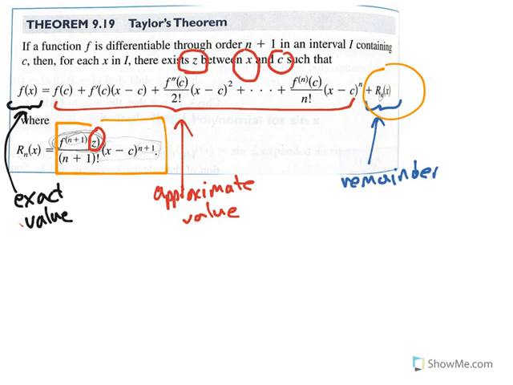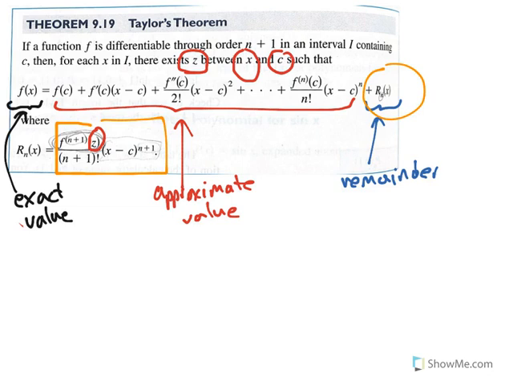It tells us the remainder, but because z is between x and c, it could range anywhere between whatever c is and the x value at which we're evaluating the function. And for that reason, we don't know what the exact remainder is.